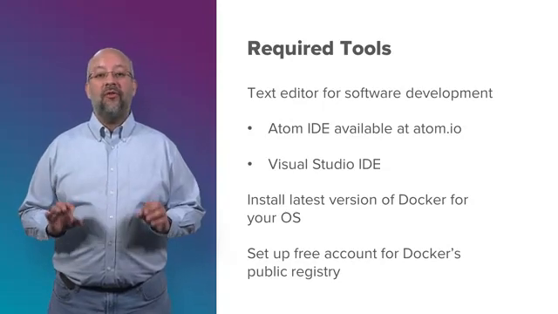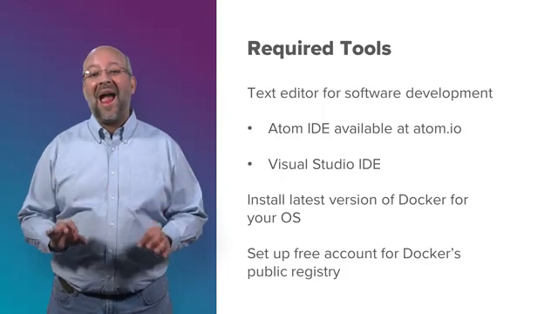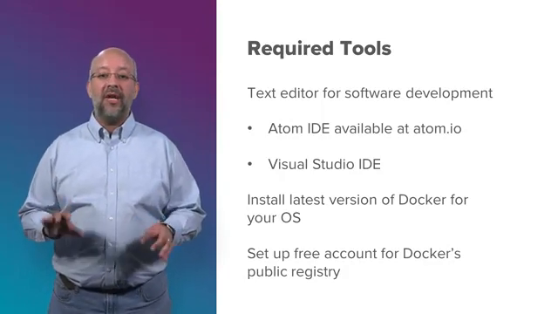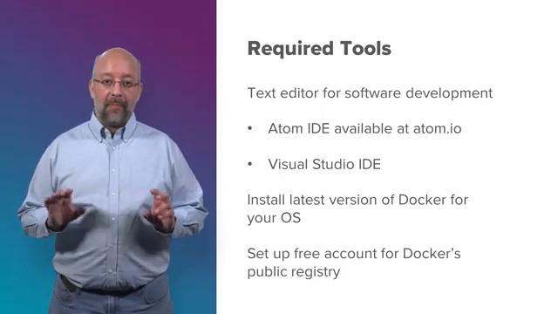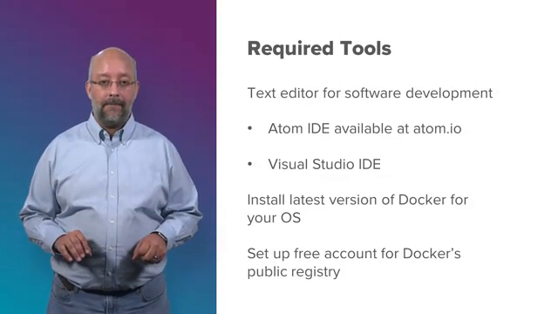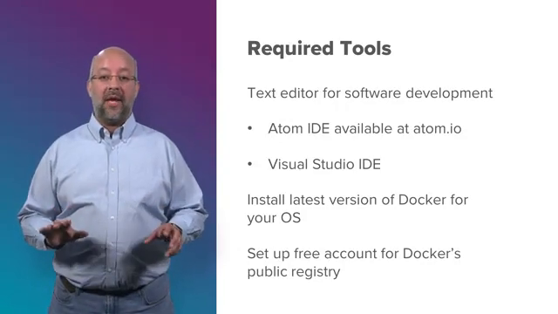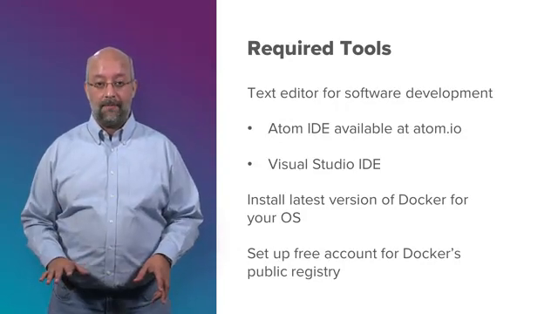We will be publishing some Docker images in some of our exercises, so it's highly recommended that you set up a free account for Docker's public registry at hub.docker.com. All of these links I've mentioned are available on the Getting Started page in this introductory module.